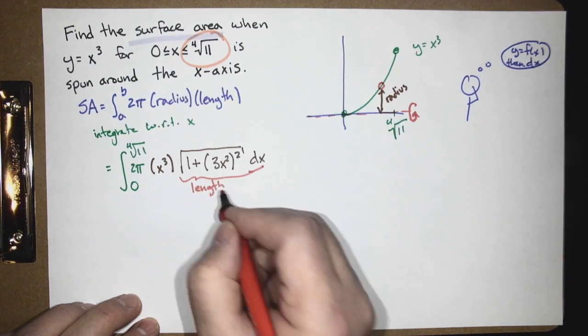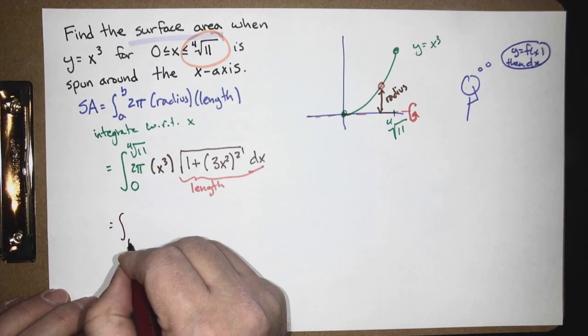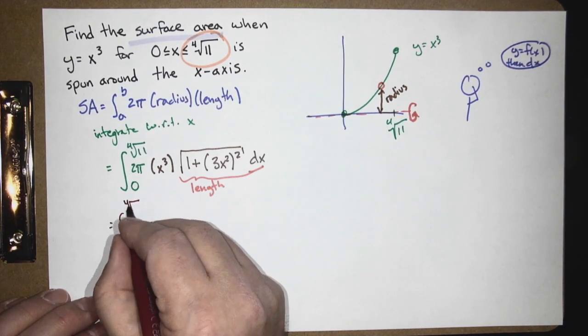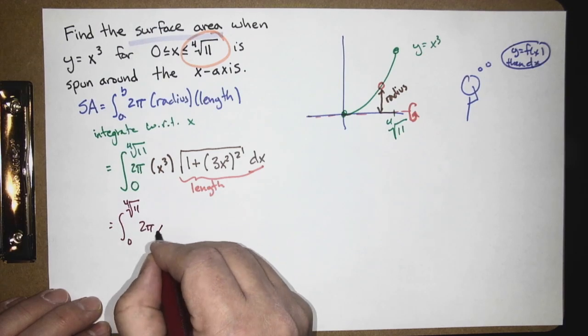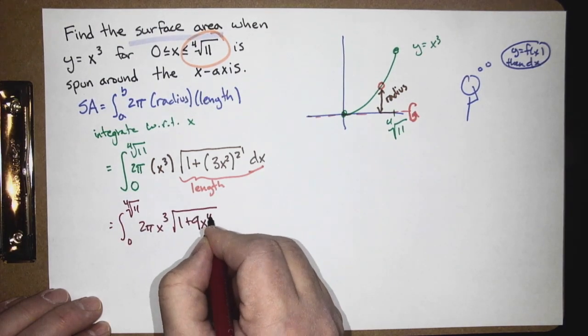So the dx is showing up in the length. So now we've gotten our pieces put together. So from here, we just have to integrate. All right. So good times ahead. 0 to 4th root of 11, 2 pi x cubed, square root of 1 plus 9x to the 4th.